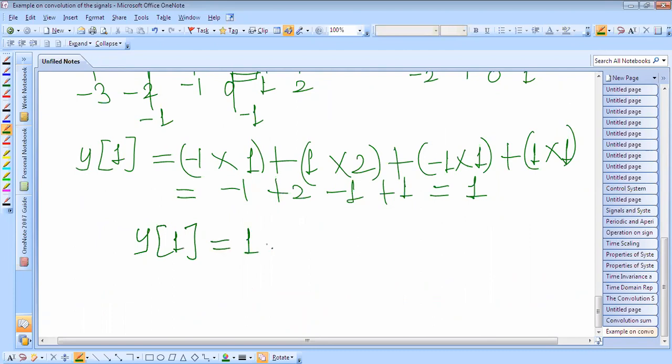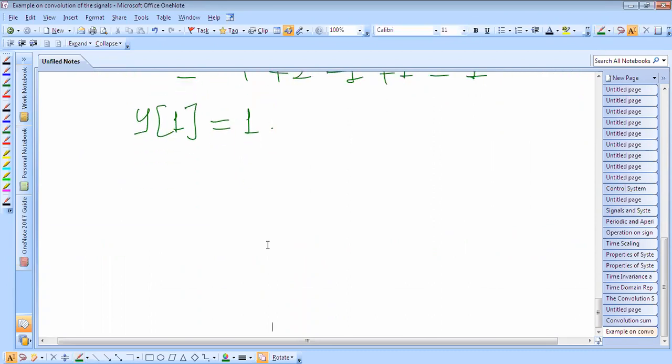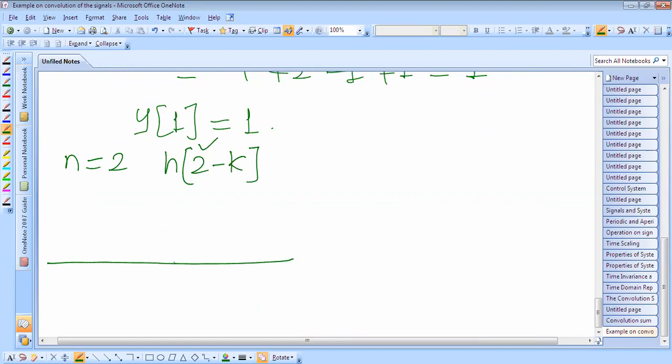Okay, now next we will find when n is equal to 2. So for n is equal to 2, what is the impulse response? Impulse response is h of 2 minus k. That means here n is positive, so we have to shift the impulse response toward the right by 2 units. So this is 0, this is 1, this is 2, this is 3, this is 4.